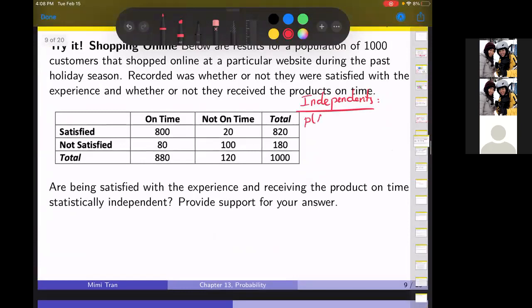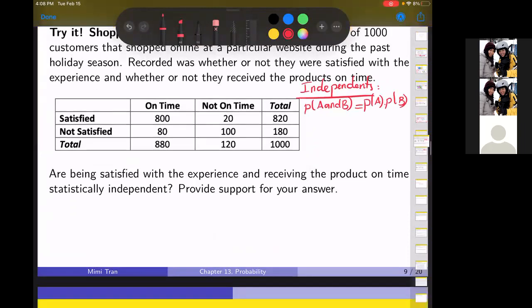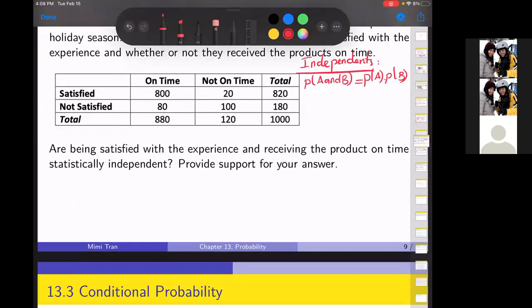So P of A and B is supposed to be equal to P of A times P of B. Mathematically, if you can prove that the left-hand side has the same result as the right-hand side, then they are independent. Otherwise, they're not independent. So let's find out what P of A and B is.